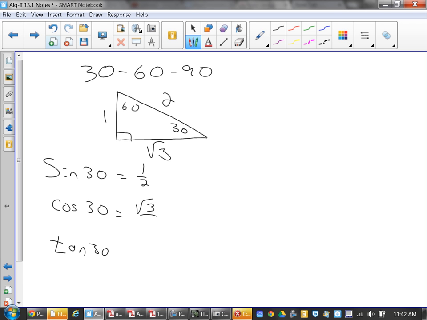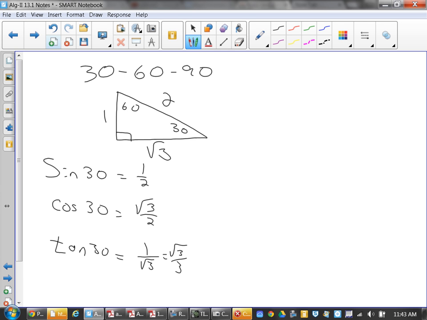Cosine would be your root 3 over 2. Tangent is the 1 over root 3, which is root 3 over 3. Flip them all for all of your inverses. So the cosecant of 30 would be 2. The secant of 30 would be 2 over root 3, so it becomes 2 root 3 over 3. Very good. And then lastly, the cotangent would just be root 3.